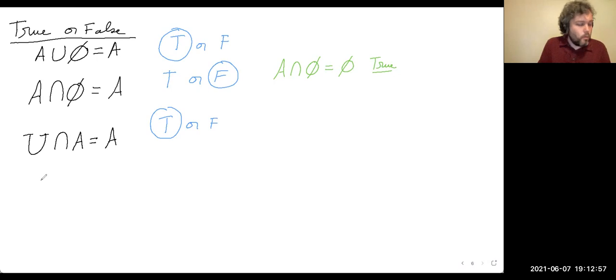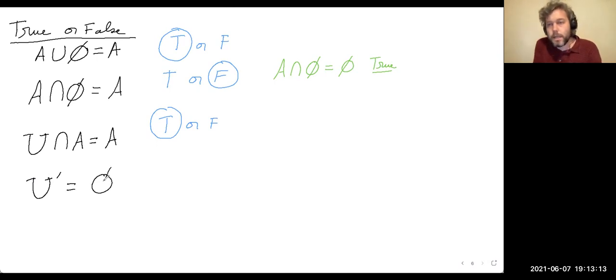Let me think. Okay, one last tricky one, and then we'll do the homework. The universal set complement, is that the same thing as the empty set? Are those equivalent?